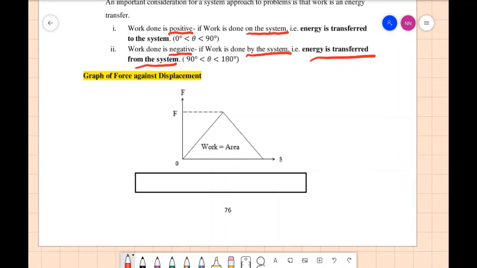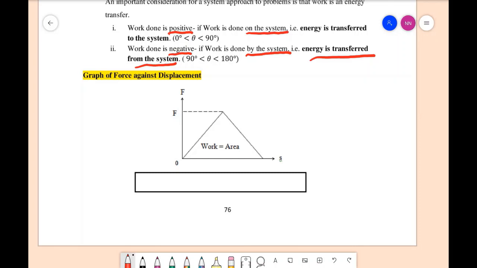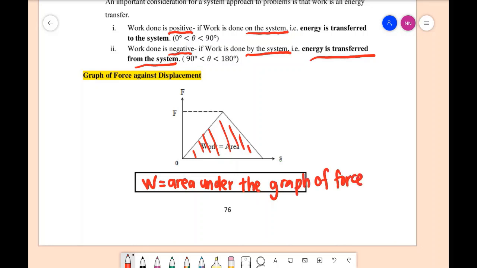This is a graph of force against displacement. The concept you have to know is that work done equals the area under the graph of force against displacement.